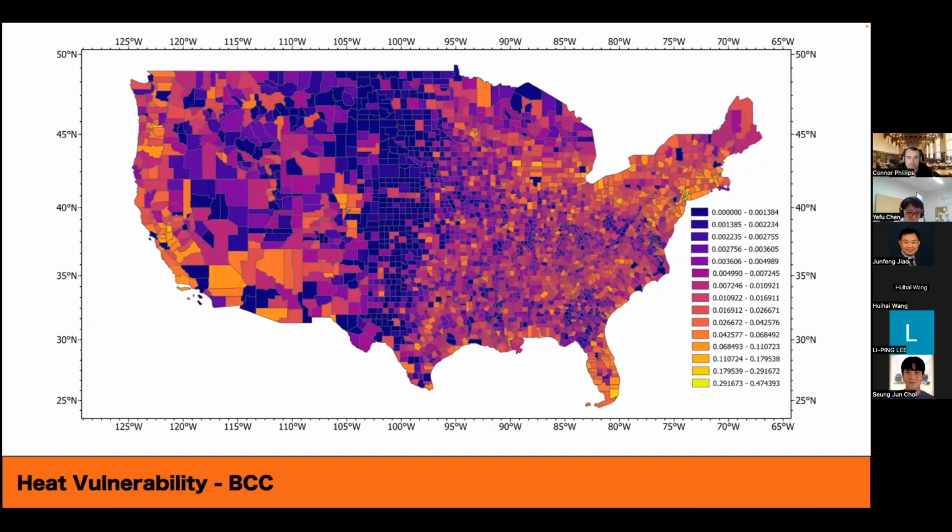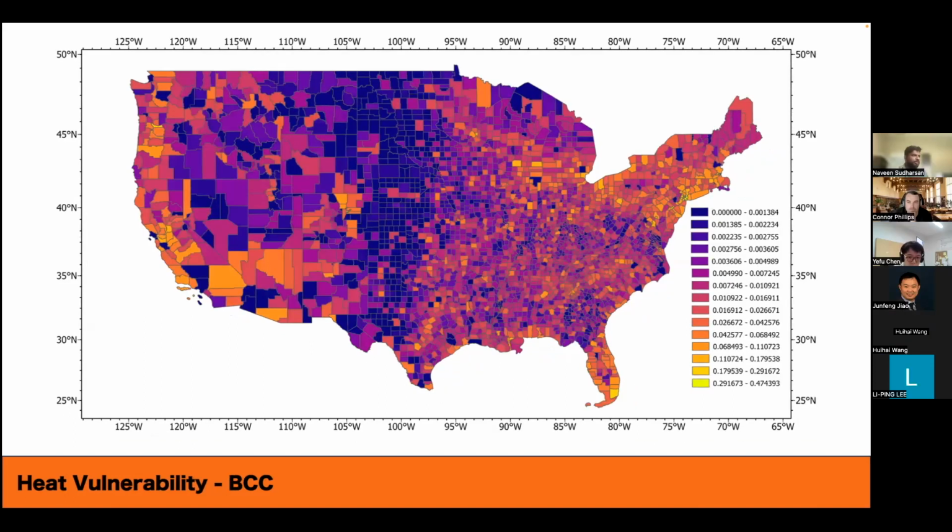So this is for the second methodology, and we compared these two maps, and we found that they show almost the same results. And as BCC is more advanced than the CCR method, we went with the BCC method.